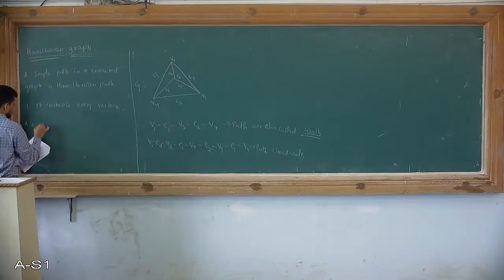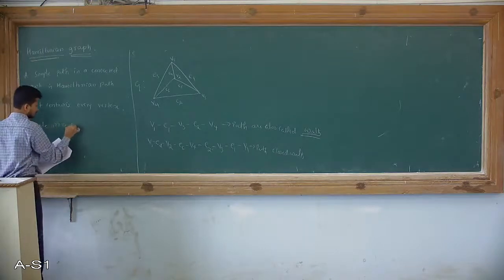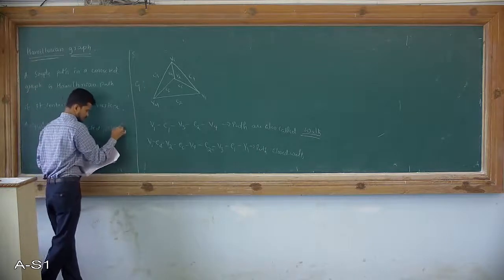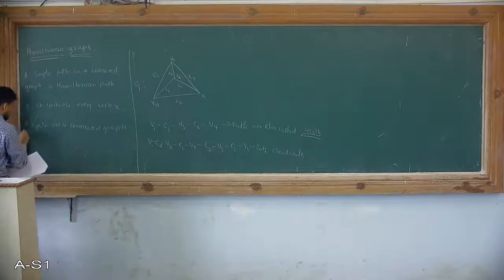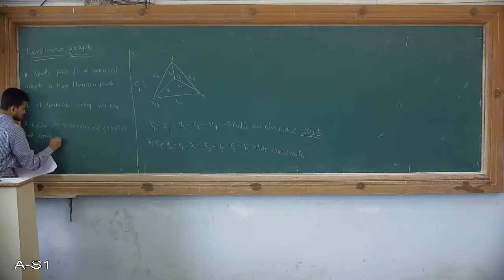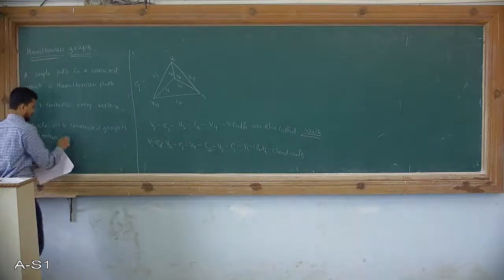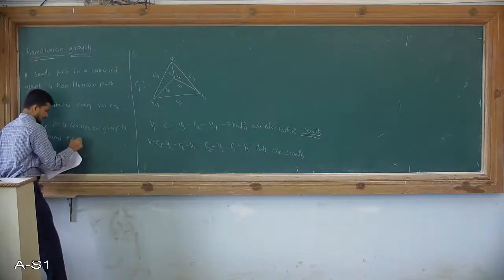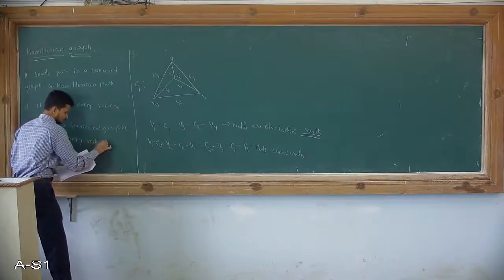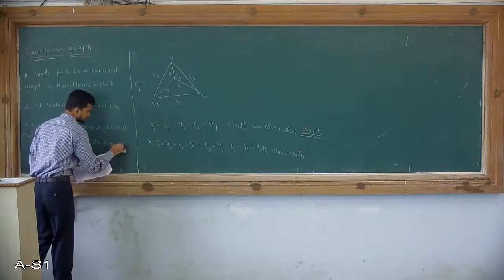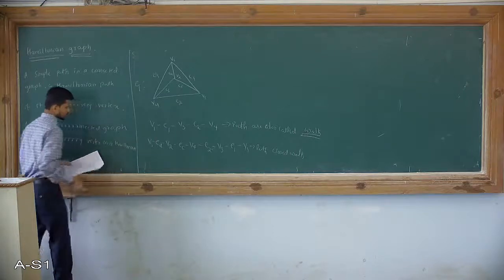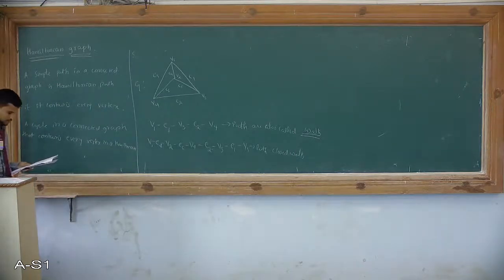A cycle in a connected graph that contains every vertex in a Hamiltonian path.